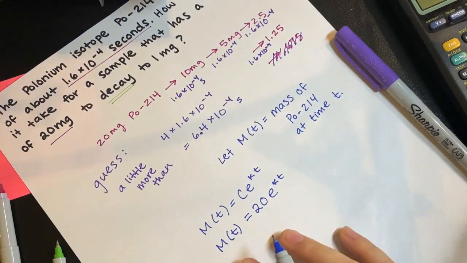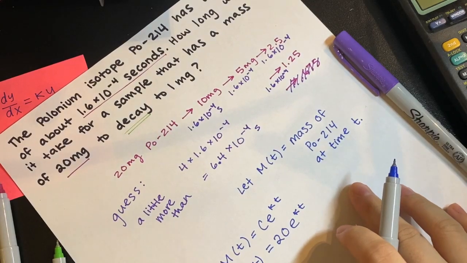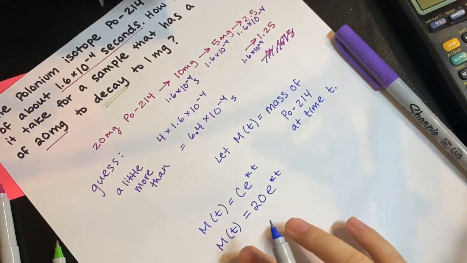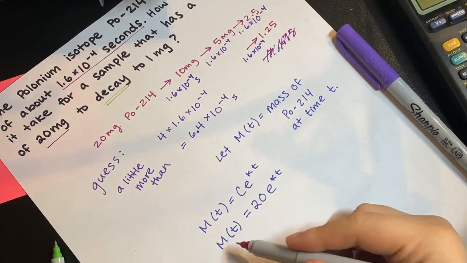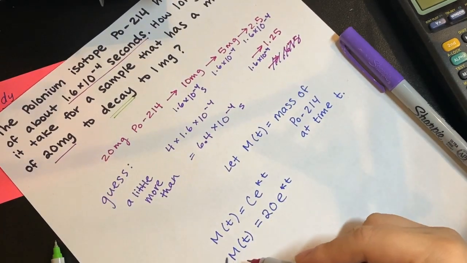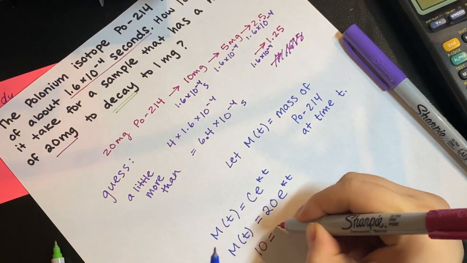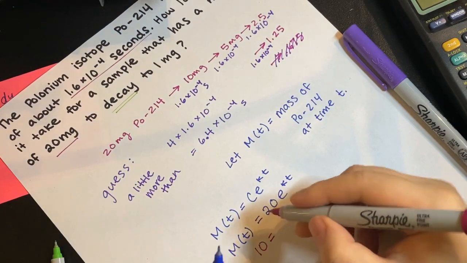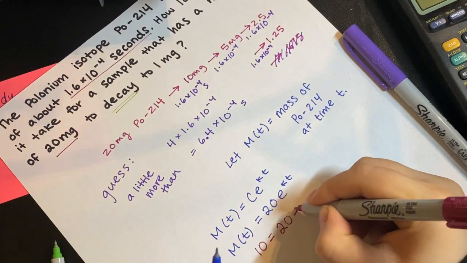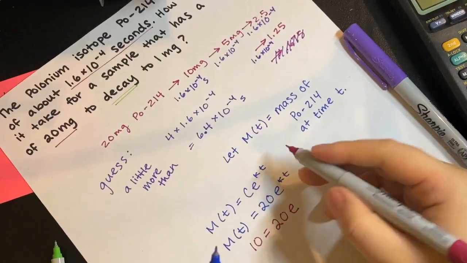And now we just want to fill in whatever information we're given and figure out what we're looking for. So we do know that the half-life is 1.6 times 10 to the negative 4, which means that if I halved 20 once, it would be at 10 milligrams after 1.6 times 10 to the negative 4 seconds.